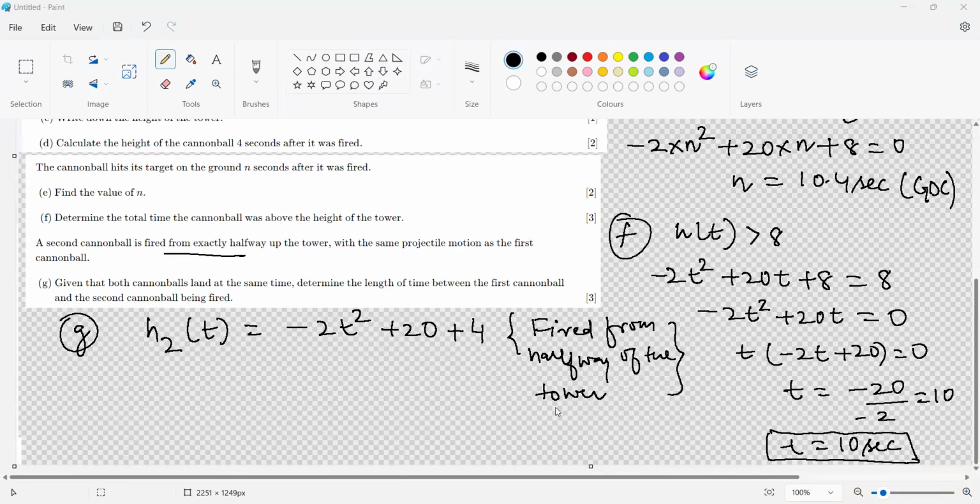So what I'm going to do, I'll find how much time the second cannonball is above the ground till it hits the ground. So I'll find that time. h2(t) equal to 0. I obtain negative 2t square plus 20t plus 4 equal to 0.